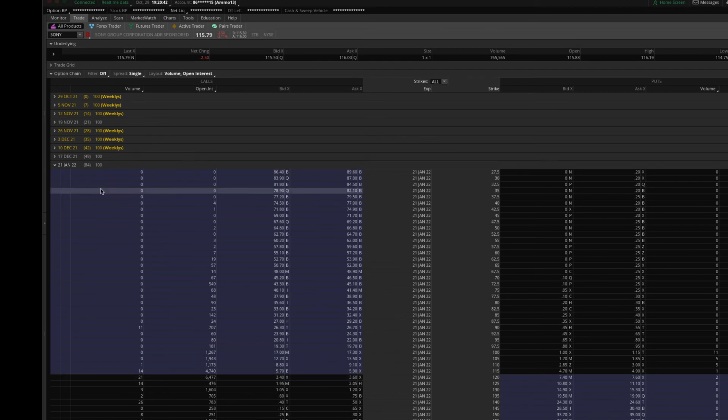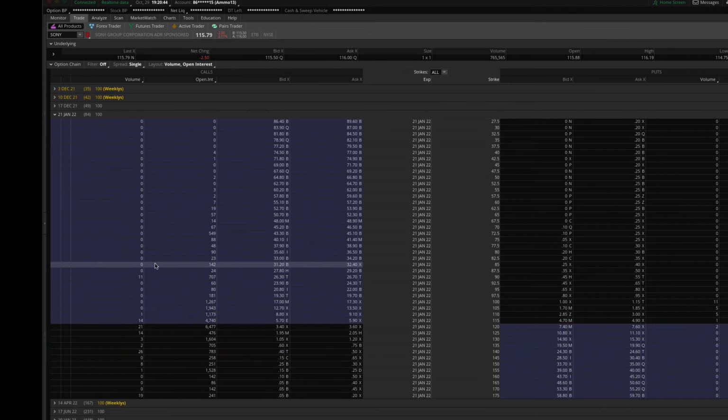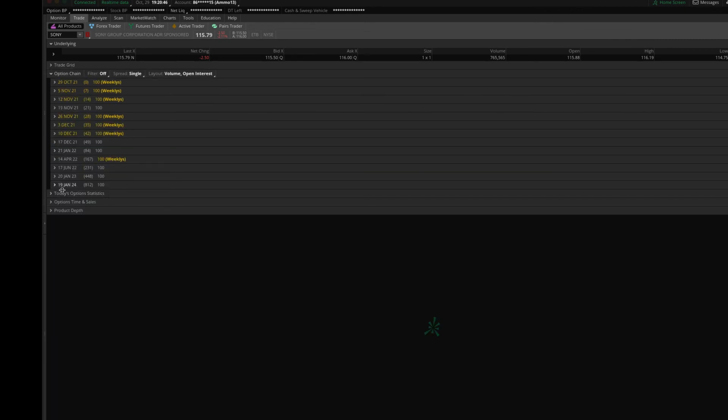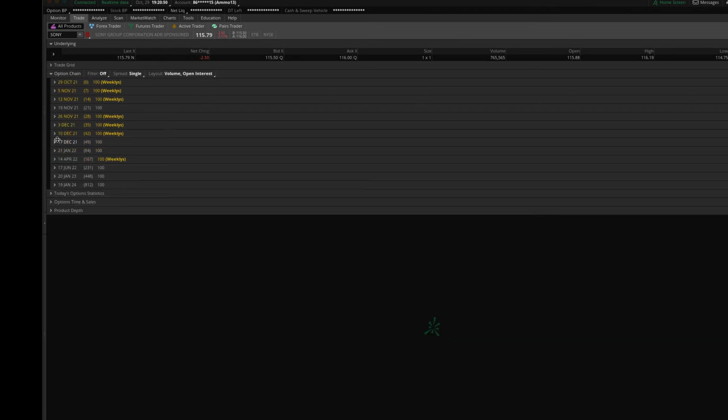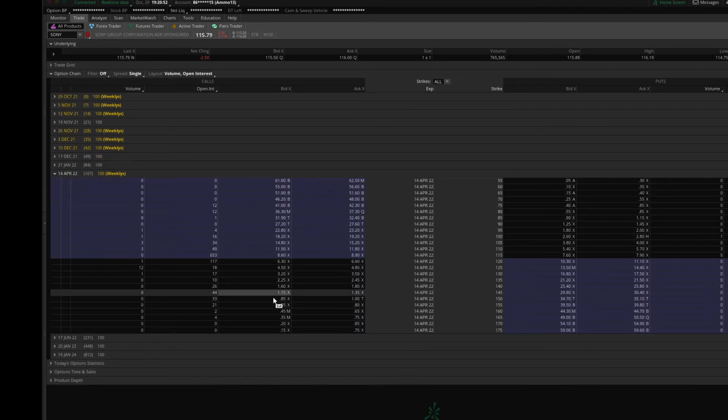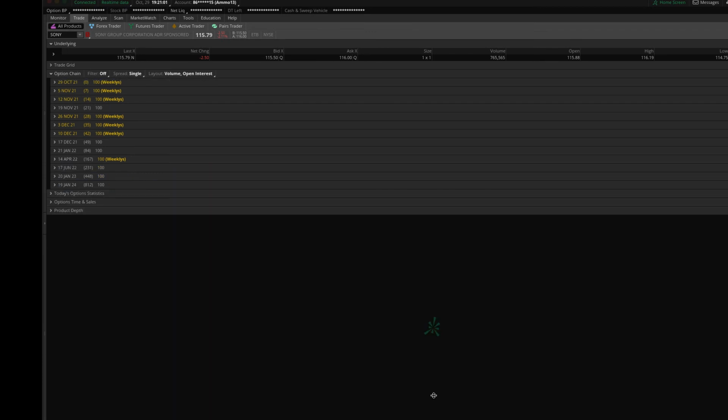The farther you go out in options, the open interest starts to get better, and that's typical. Buying an option with 35 days is not a thing I do. But even when you get to April, there's not much there. The bottom line is it just didn't do well in IBD.